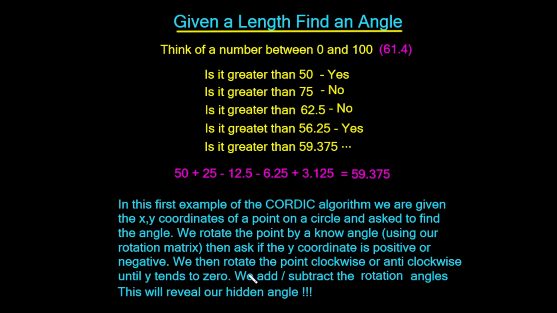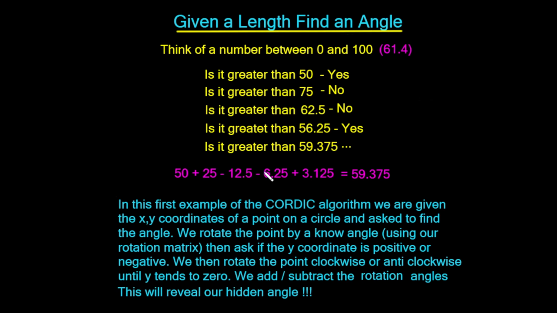Then we rotate the point either clockwise or anti-clockwise, dependent on whether the y coordinate is positive or negative, and we keep doing that until the y coordinate tends to 0. Now in the end, whenever we add up our angles the same way we added up our numbers here, it's going to tend towards the hidden angle.